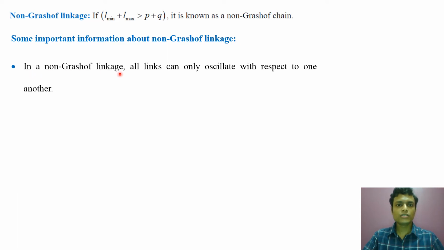In a non-Grashof linkage, all links can only oscillate with respect to one another. So no one link can make a complete rotation with respect to other links.